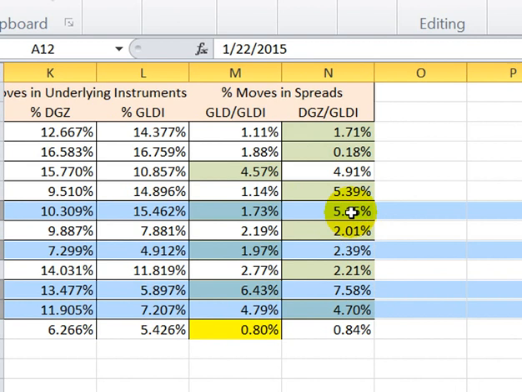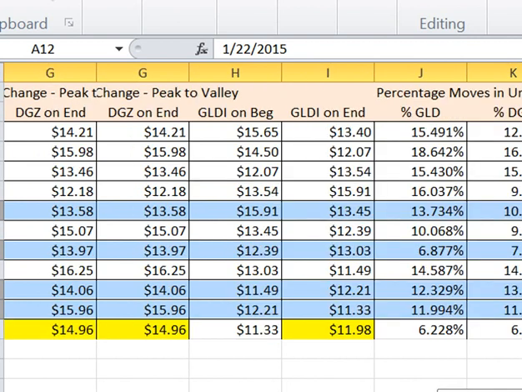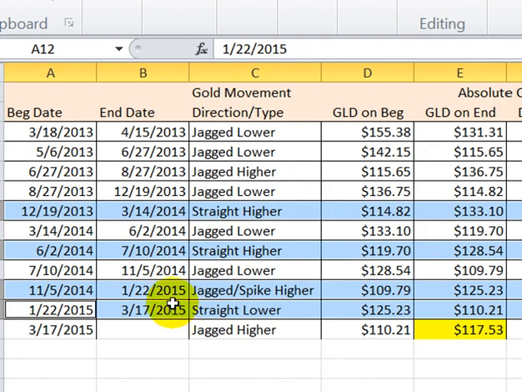You can see the percentage moves are larger when that straight move occurs compared to those that don't. And so anytime you get a larger directional move without any kind of consolidation is when you have the potential to make more money, or if you're on the wrong side of the trade, to lose more money. So that's the first thing to recognize.